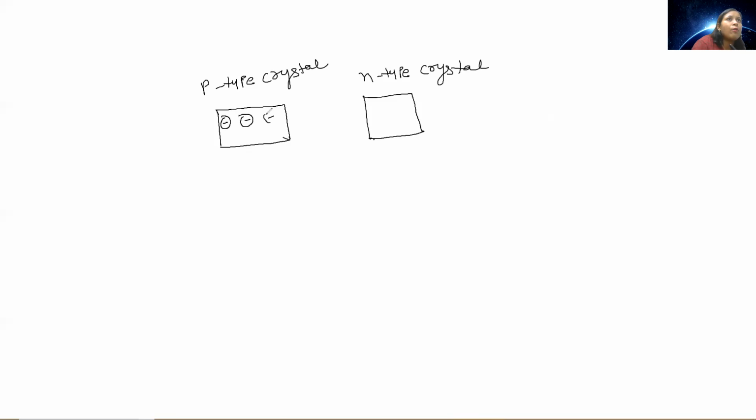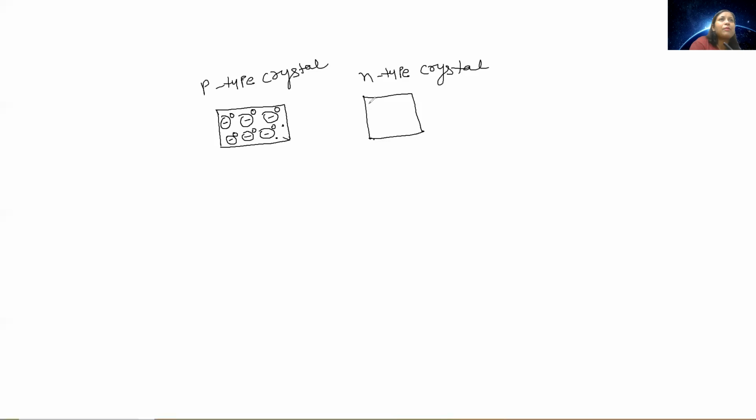For each hole, it has a negative ion. This ion is obtained by accepting an electron. So if I show you hole, and for each hole there is a negative ion, and along with that there are few minority electrons also. This is something we have in a p-type crystal.